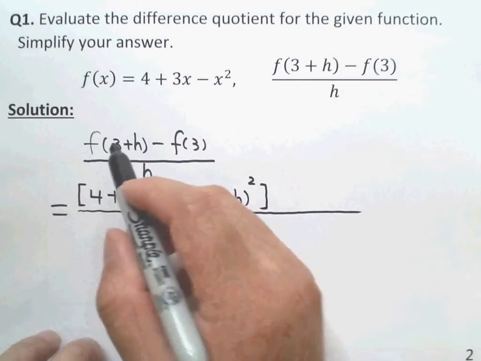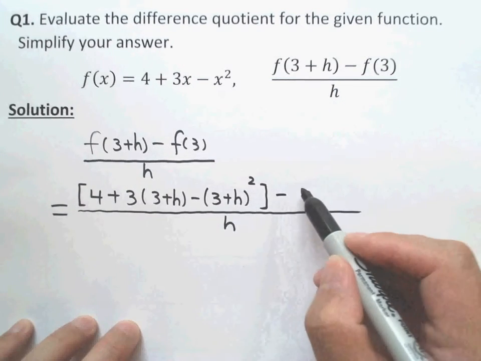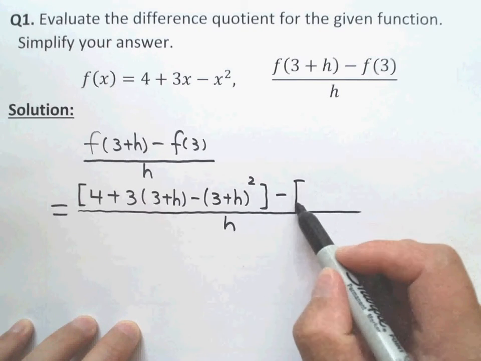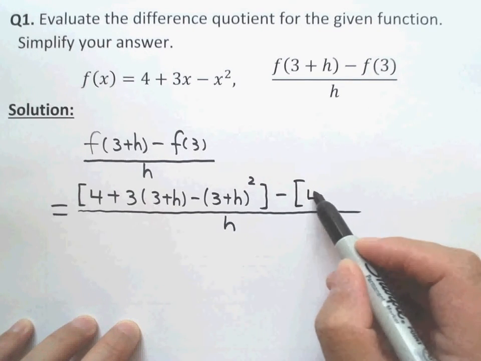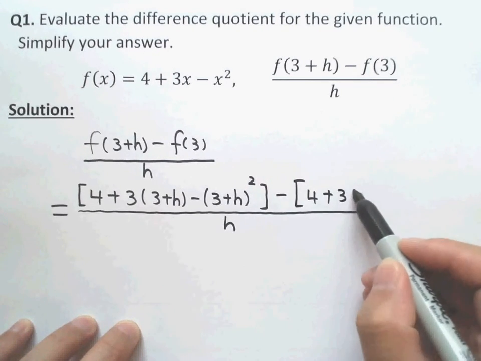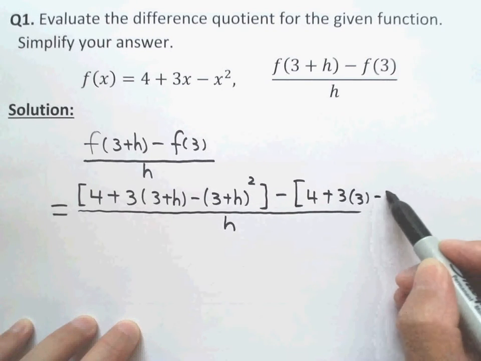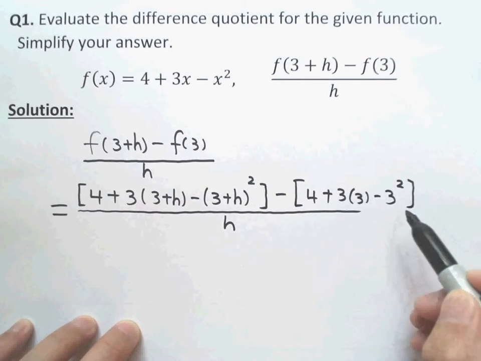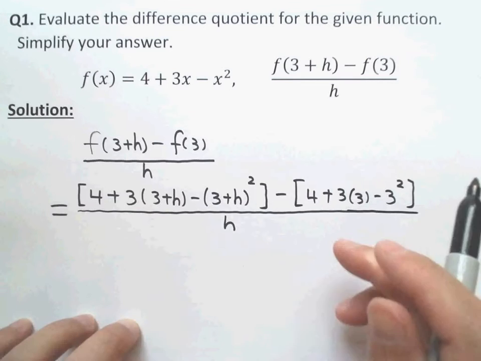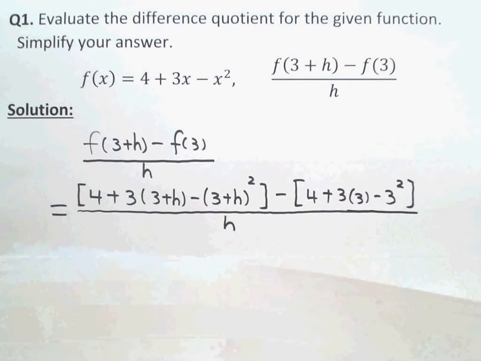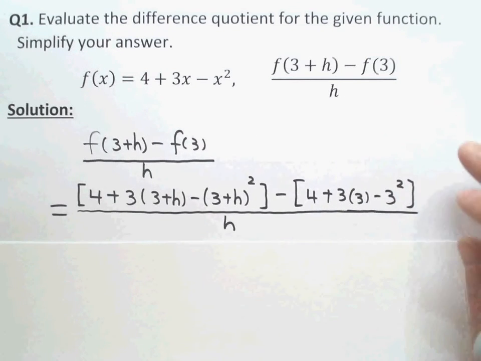This is the first. Minus the second, which, of course, is 4 plus 3 times 3 minus 3 squared. All we need to do is simplify that.